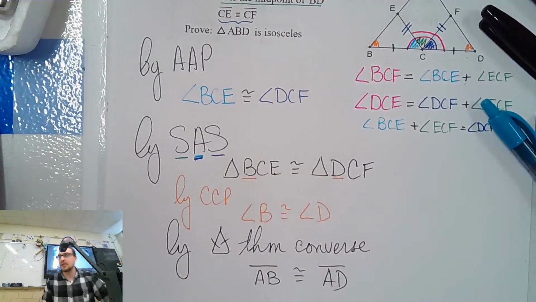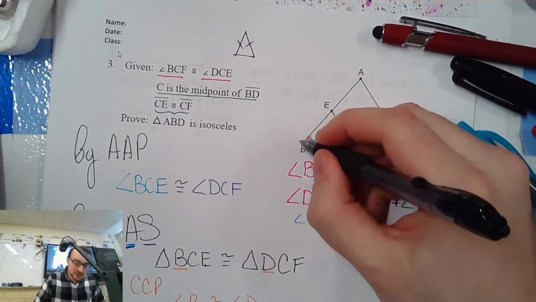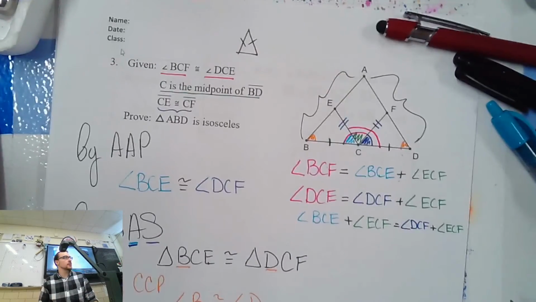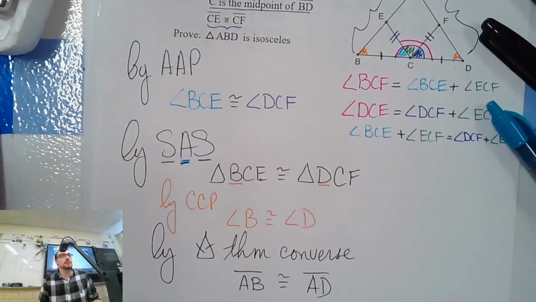Those two sides are the same, right? And then that fits the definition for isosceles, doesn't it? If these two sides are the same, which we just proved, then doesn't that mean the whole thing's isosceles?